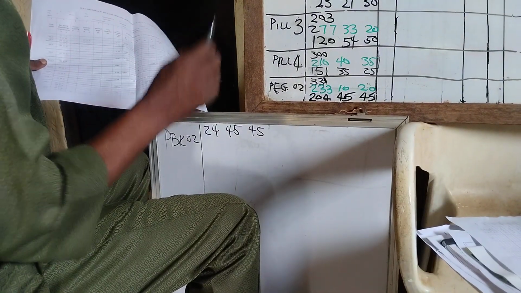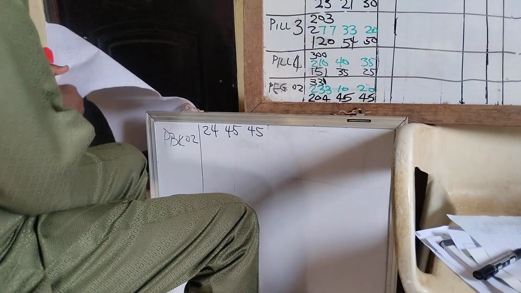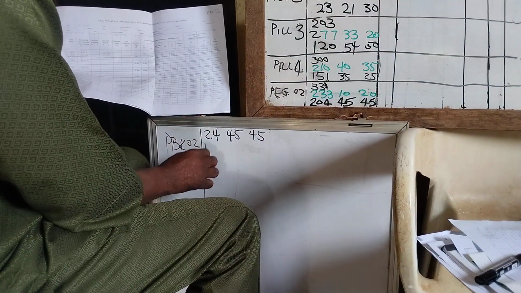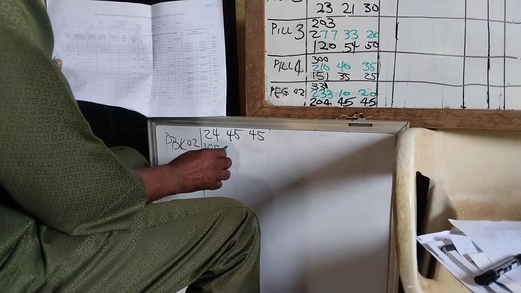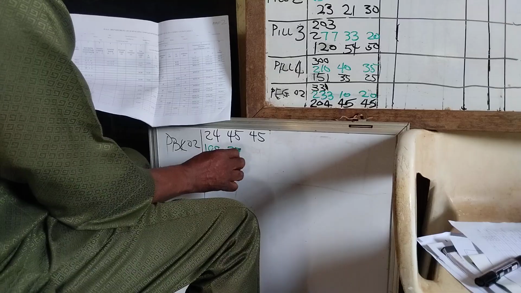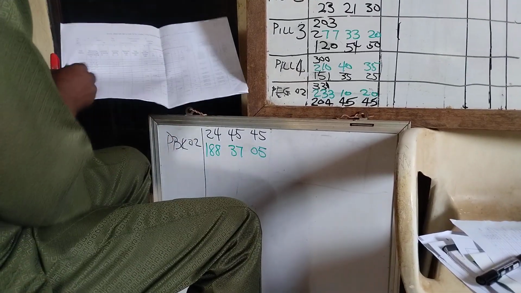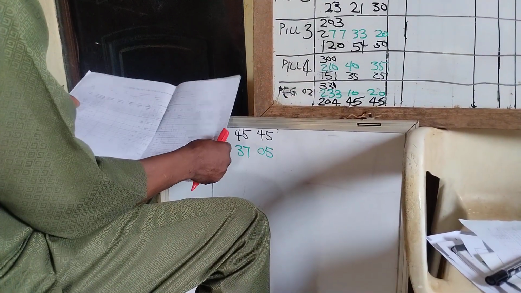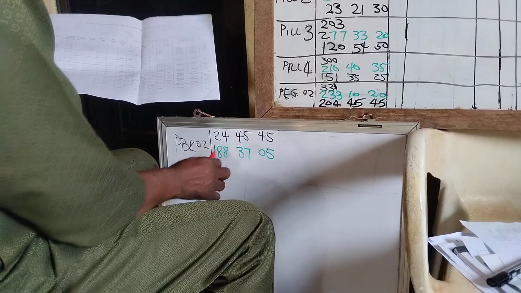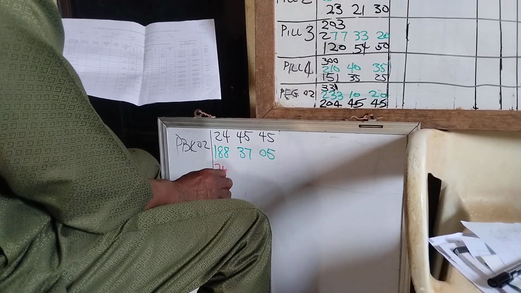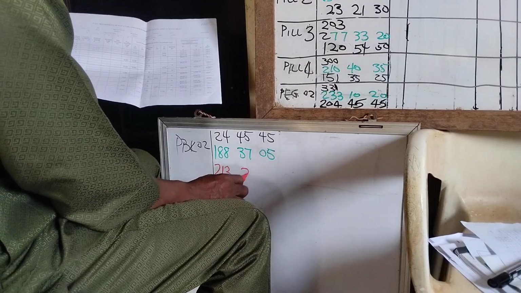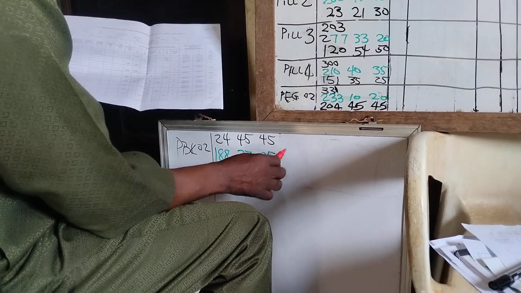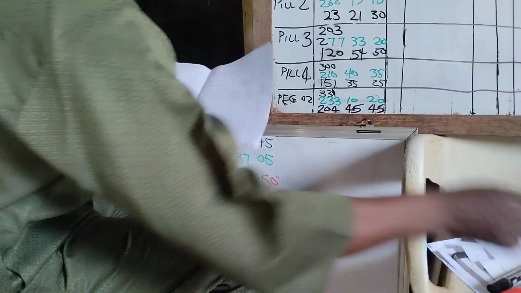The angle on PPK 02 was 188 degrees 3705. If you add it together, that gives you 213 degrees 22 minutes 50 seconds. I want to write it in red so that you see. Very good.